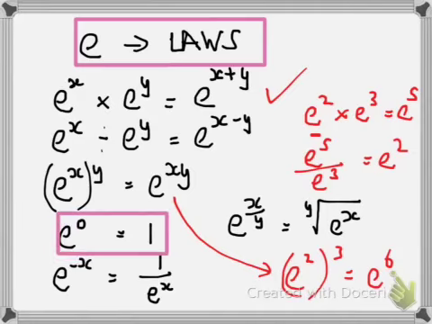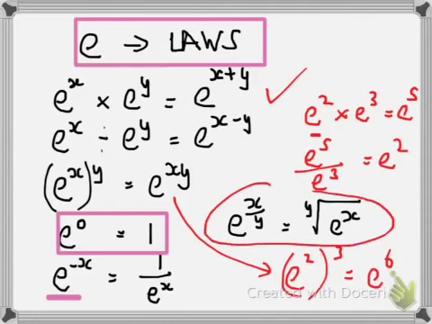So that's a pretty obvious one. And e to the power of negative x is 1 over e to the power of x. Last one to look at is e to the power of x over y equals the y-th root of e to the power of x. So if we had e to the power of 2/3, that would be the cube root of e squared.